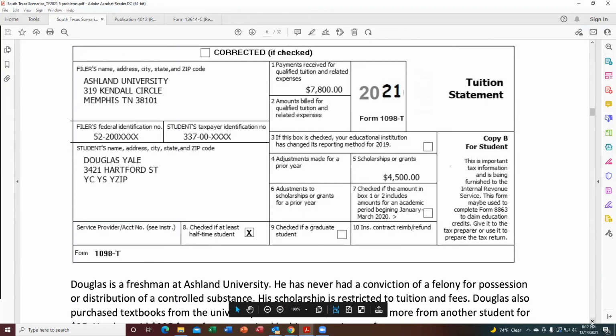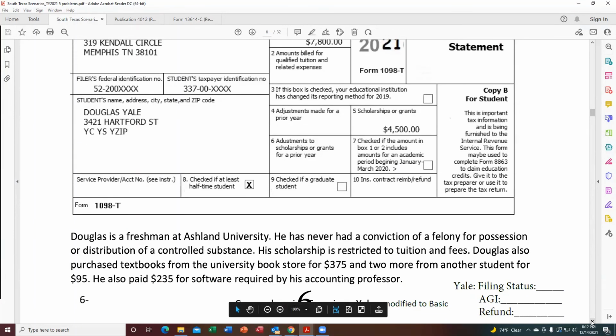So it gives us a 1098T. So it tells us he's a freshman at Ashland University. He's never been convicted. His scholarship is restricted to his tuition and fees. He also purchased textbooks, 375 from the university, 2 from another student, and had to purchase software.